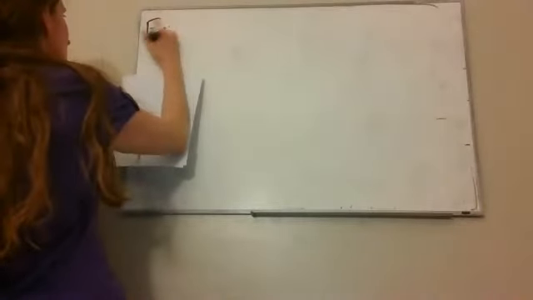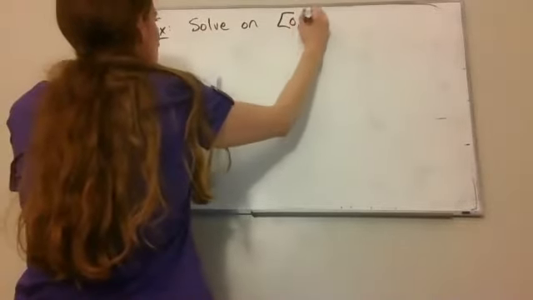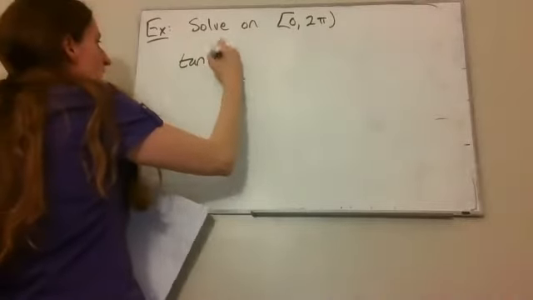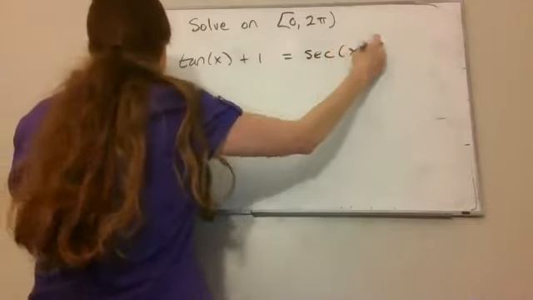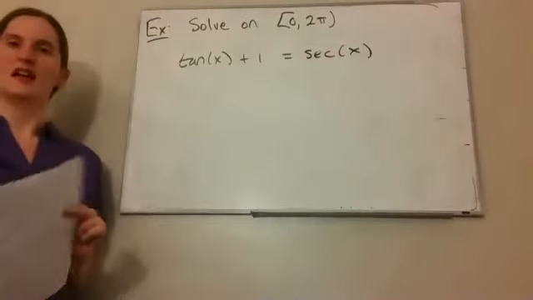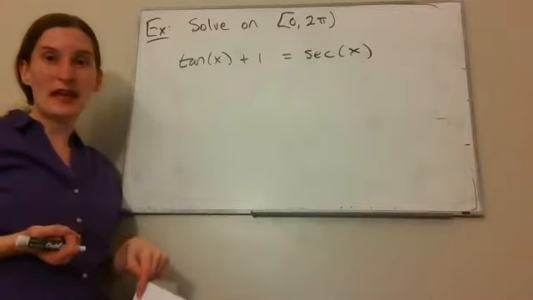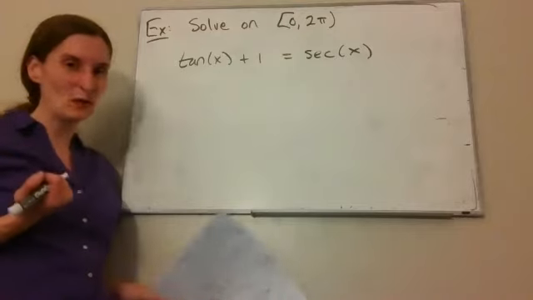Now here's a kind of strange example. Let's solve on 0 to 2 pi. And I have tangent of x plus 1 equals secant of x. And I see that, and it looks kind of like one of our Pythagorean identities, but nothing is squared, and we need to have things squared.